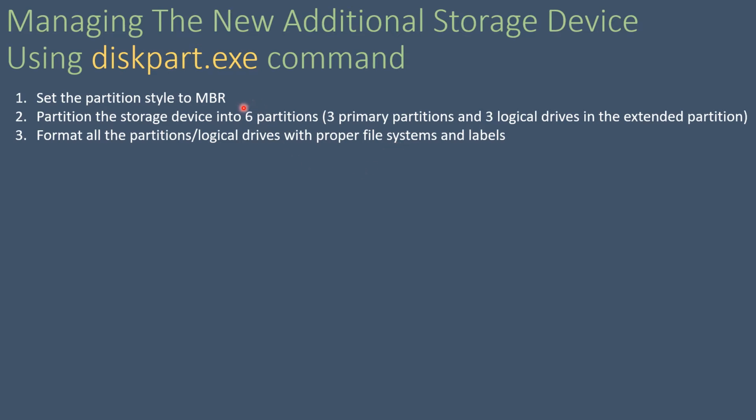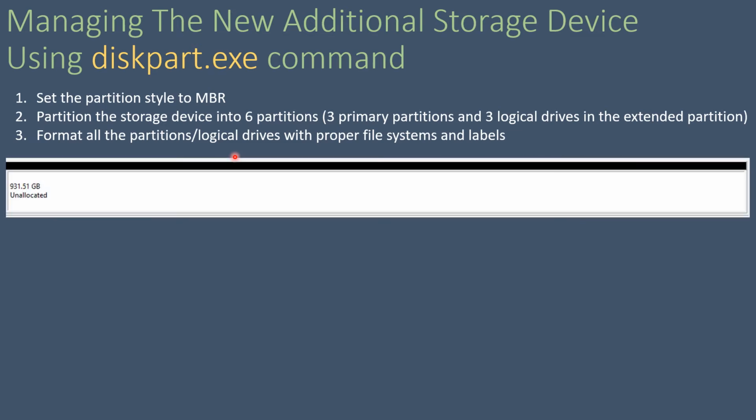So after I do all these tasks, then my 1 terabyte new internal storage device will be shifted from this stage. As you can see with the black color, there are no partitions, no logical drives, so I cannot save and I cannot utilize my storage device in this status.